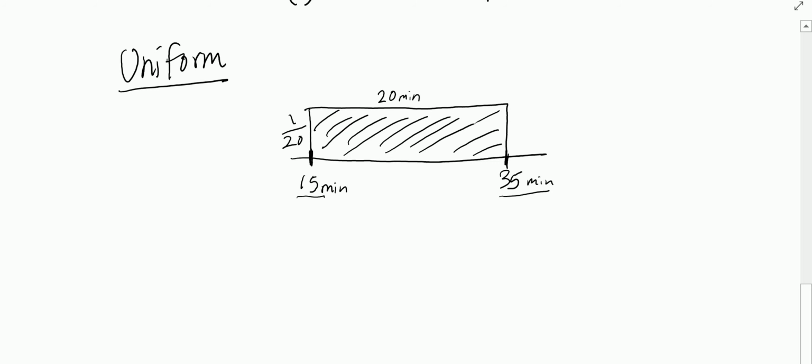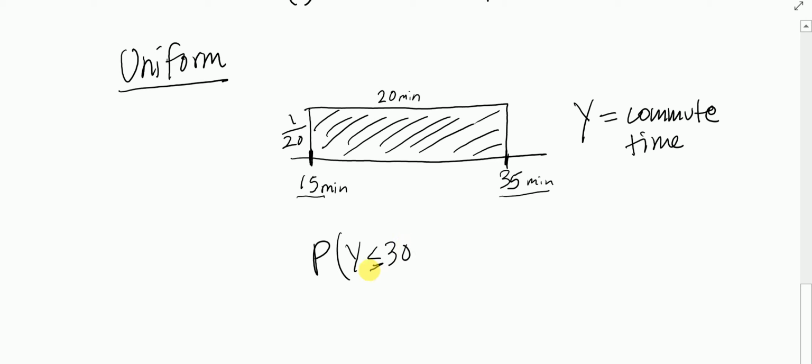And so basically what you might be asked is if they say, hey, let y be the commute time of a randomly selected, I don't know, car, they might want to know, hey, what is the probability that y is, I don't know, less than or equal to 30. And so for that, what you would do is you would say, okay, 15 to 35, 30 is about like here.